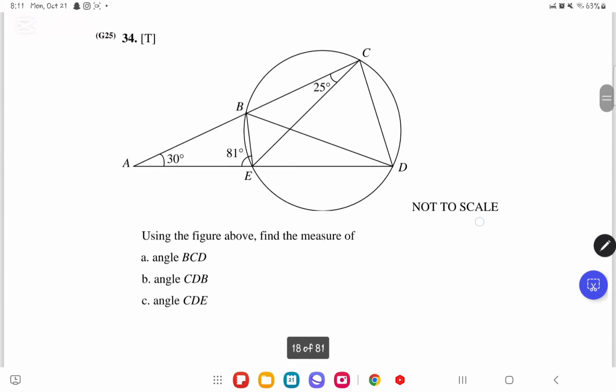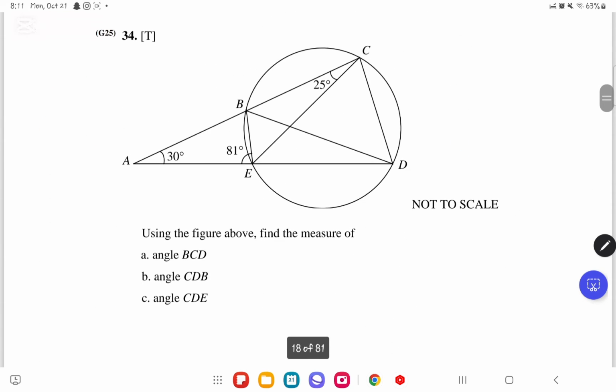Now I believe we have top question. So we're gonna start with top question 34. A very important question. They're telling us to find the angle of BCD. They need BCD. I can tell you something really easily.